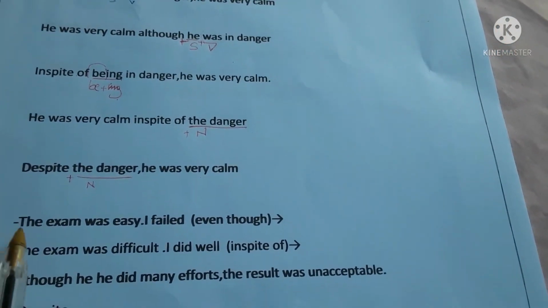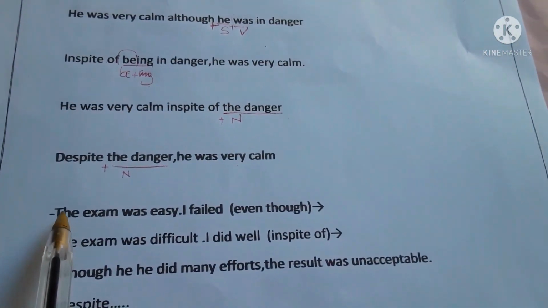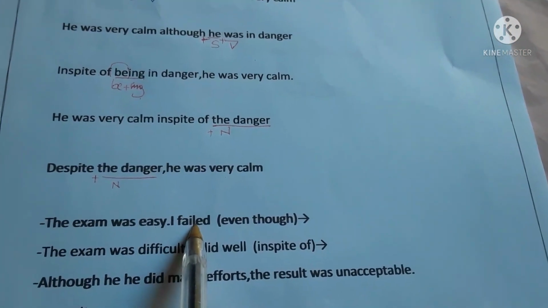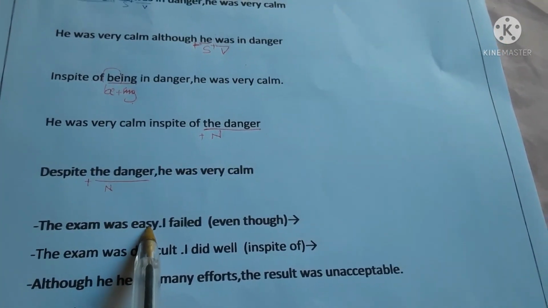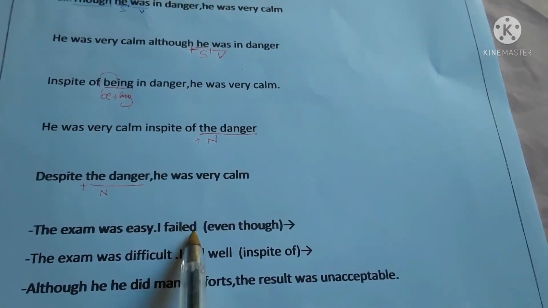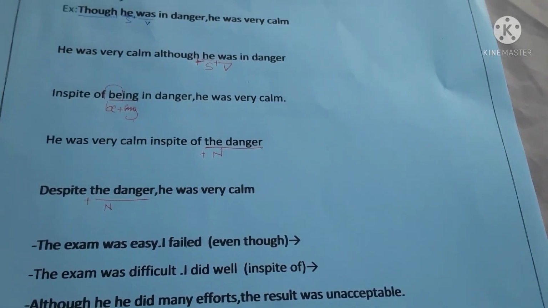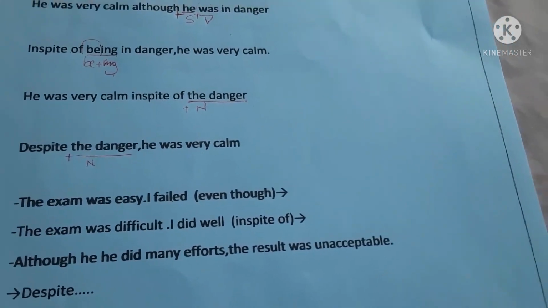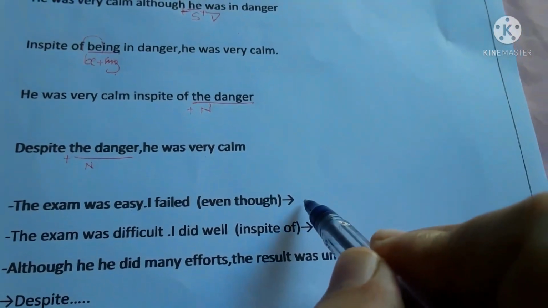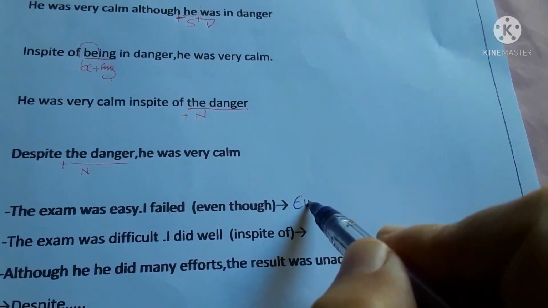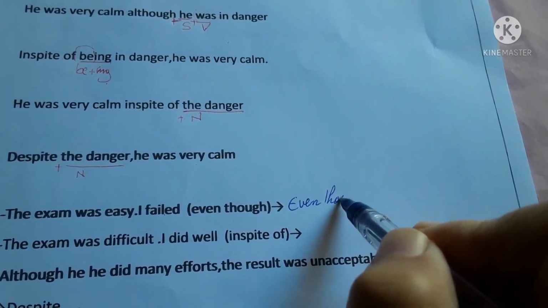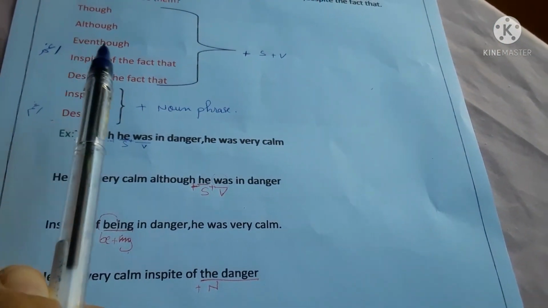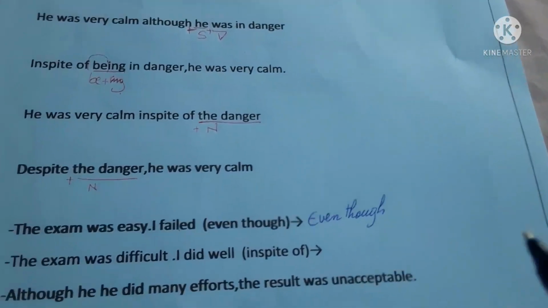Other examples to practice. The exam was easy. I failed. The exam was easy. I failed the exam. Even though بالرغم الامتحان كان سهل وخسرت. Even though, malgré. قلنا even though نستخدموها مع subject plus verb.